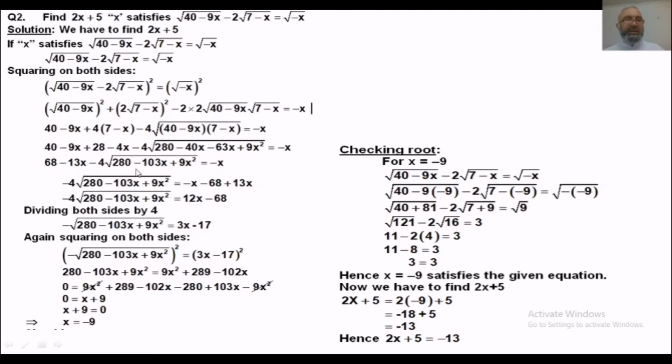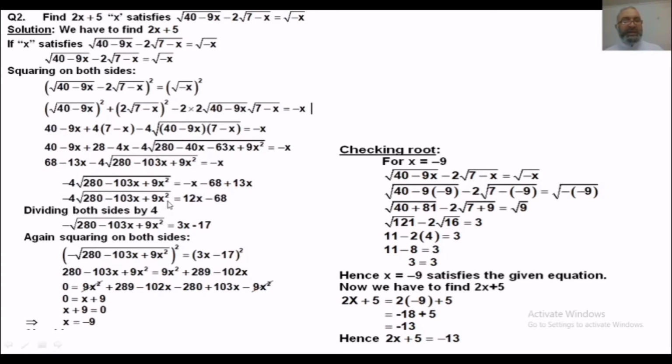So again, if we transfer the linear term to the right hand side, we get minus 4 into this radical sign, the given term is equal to minus 6, and transferring the linear term to the right side we get minus 68 plus 13x. By adding minus 6 plus 13x we get 12x, minus 68.